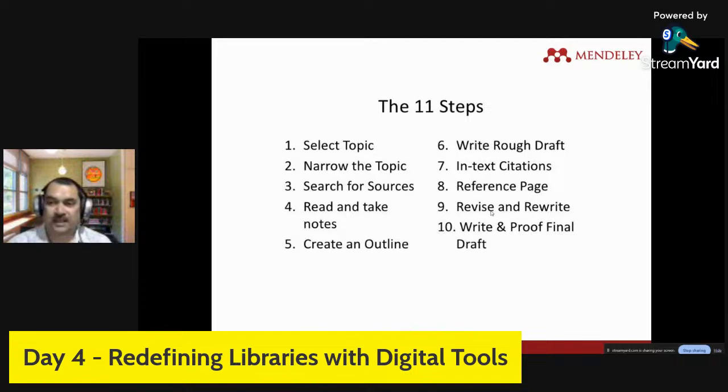And once we complete, we also prepare the reference bibliography at the end of our article or research writing. And finally, when we are done with all the processes, we again revise and finally submit the document.